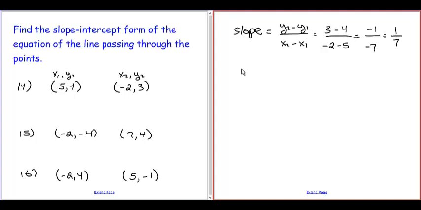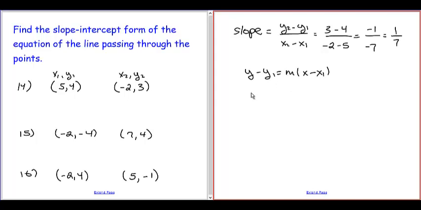Once you have the slope, you can use either one of these points, it doesn't matter, inside the point slope form of the linear equation. So use the point slope form.